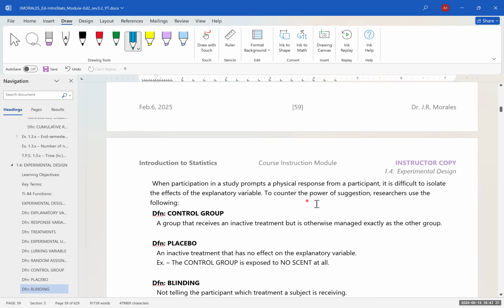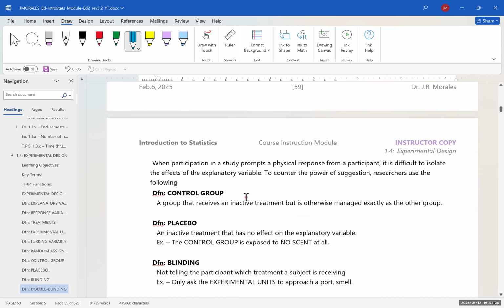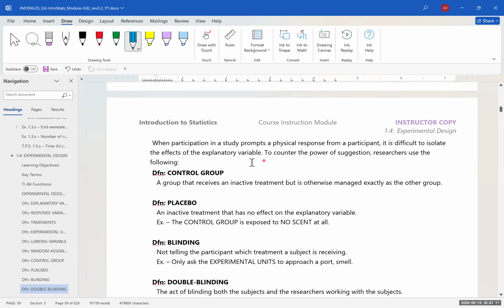So to counter the power of suggestion, researchers use the following. When they conduct an experiment, they'll have a control group. A control group is a group that receives an inactive treatment, but is otherwise managed exactly as the other group. So an inactive treatment is what they refer to as a placebo.